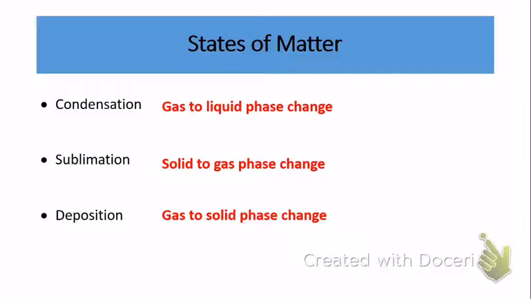So in other words, in sublimation, we bypass the liquid state altogether, and we go directly from solid to gas. Deposition is when we go from the gas state back to the solid state, and we bypass the liquid state again. All right. So those definitions, make sure you're quite familiar with.